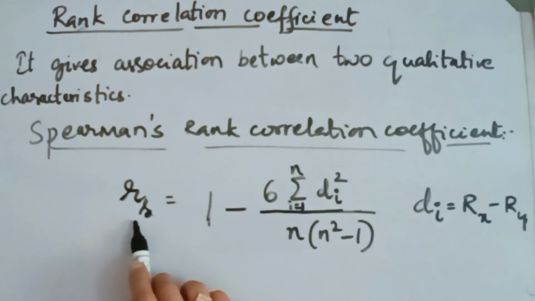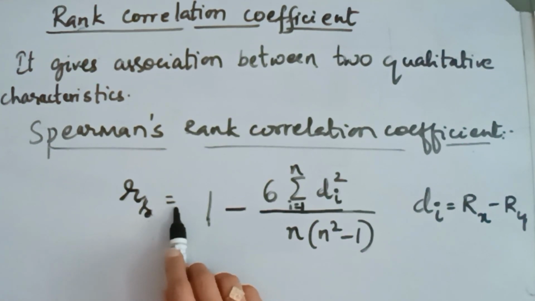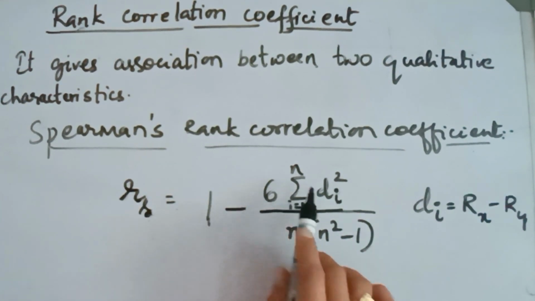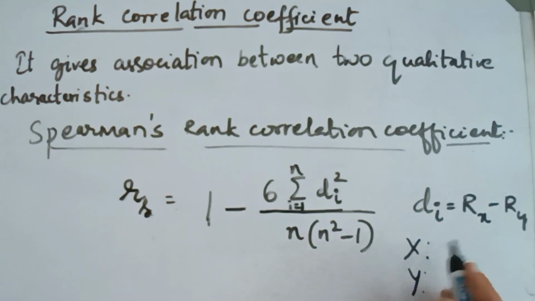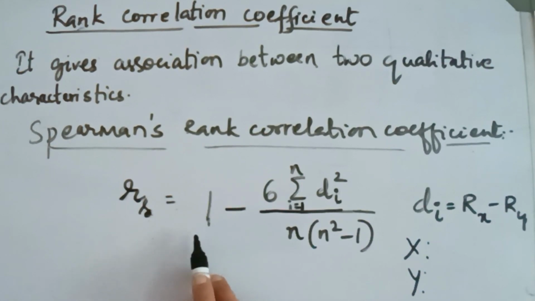It is denoted as Rs and given by the formula 1 minus 6 sigma di square divided by n into n square minus 1. Suppose you have two variables x and y, which are qualitative in nature. If you want to find the association between these two variables, then we use this formula.